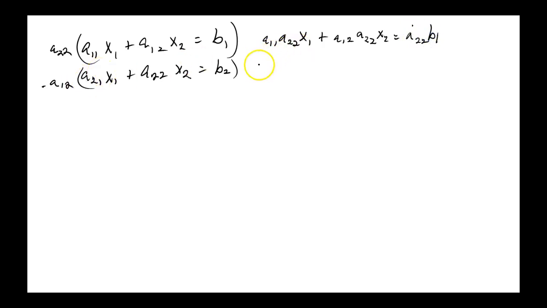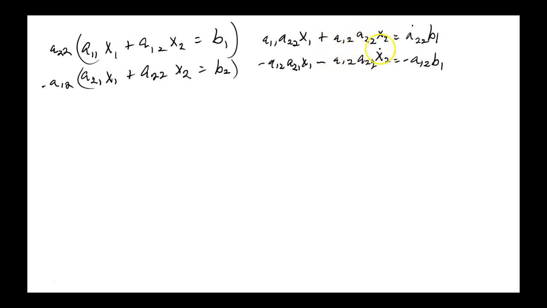Second equation, you have a minus a12 a21 x1 minus a12 a22 x2 equal minus a12 b2. Okay?